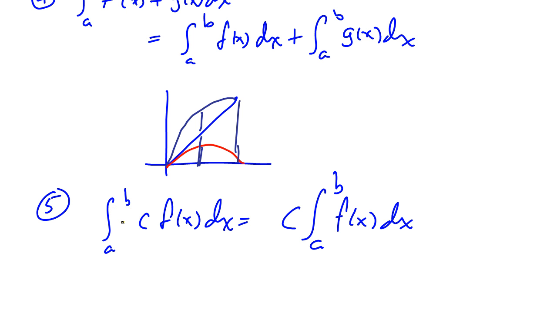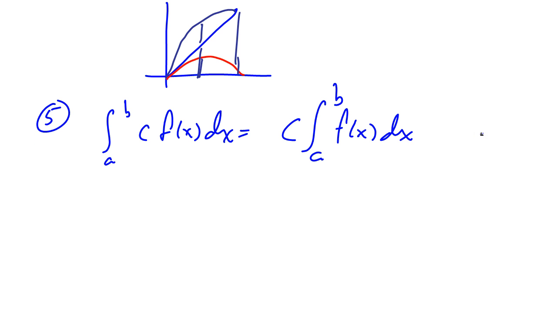For each piece, you're going to plug in an x value to get a function value for the height, and then multiply by delta x. Well, every one of those heights is going to be some f of x times c. So when you add them up, you've got a whole bunch of things added up that each have a factor of c in it. So use the distributive property and factor the c out. That's what's happened here. Essentially, we're saying you can add up those little areas without multiplying by c, and then multiply by c at the end, or you can multiply by c to begin with for all those height functions and add up all the areas.